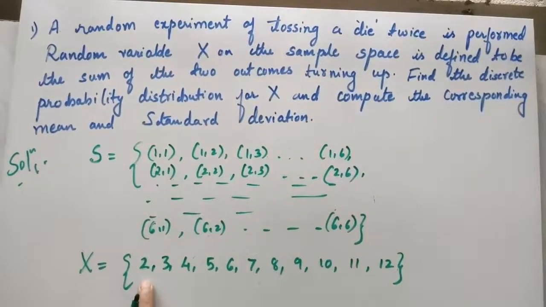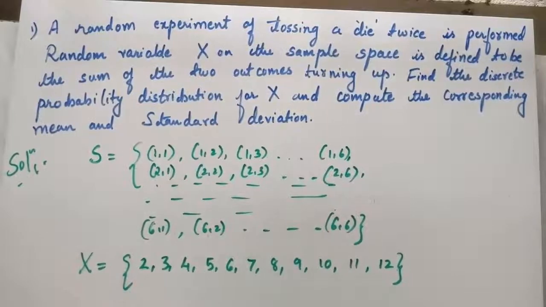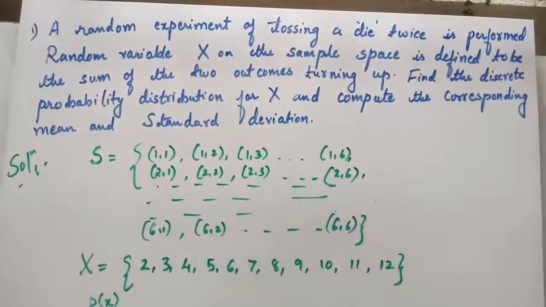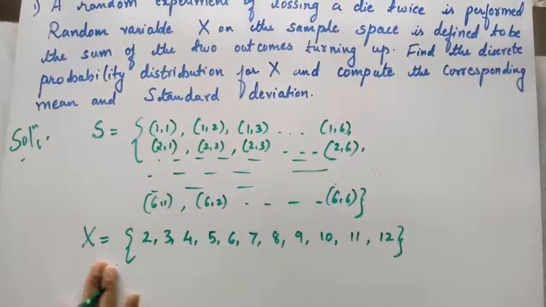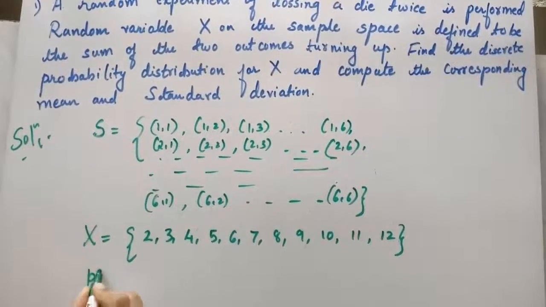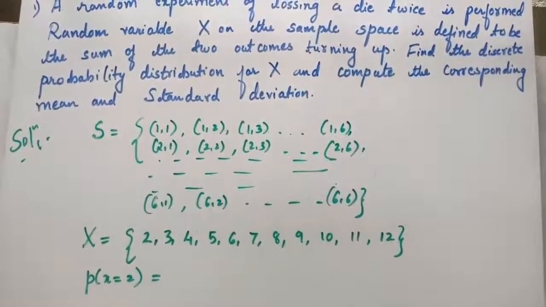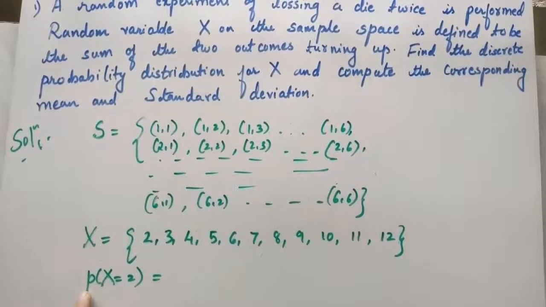Now, for each of these values of the random variable X, we will associate a number, say P(x). I will find first: what is P(X) when X is equal to 2? Probability that X is equal to 2.